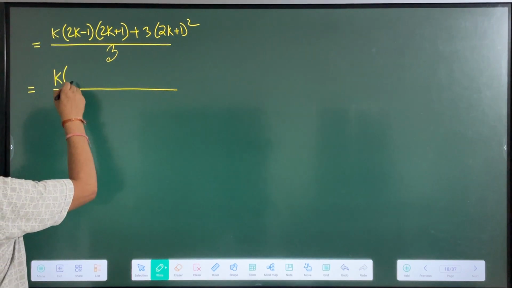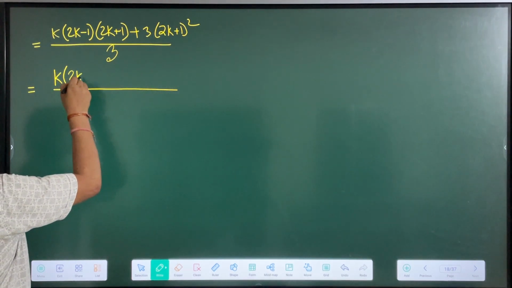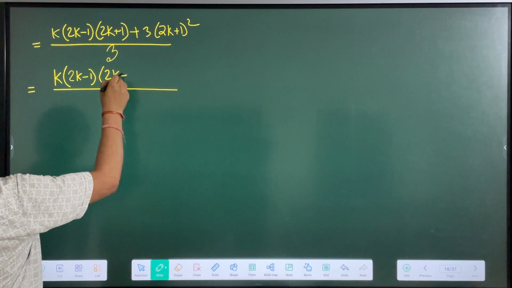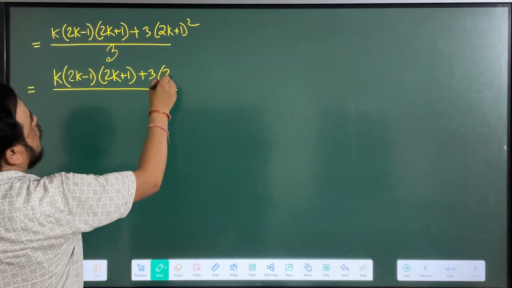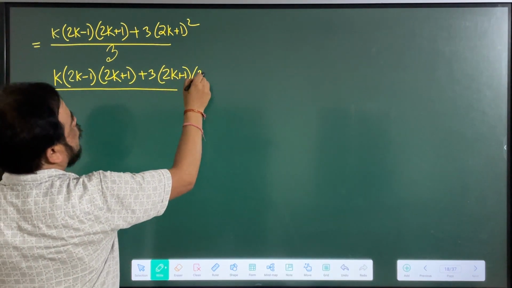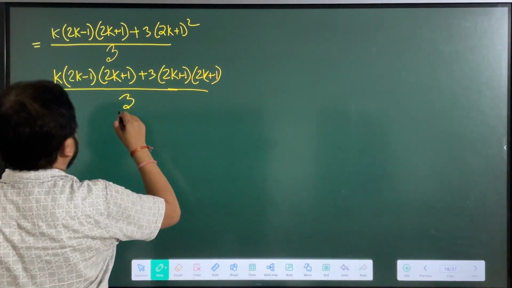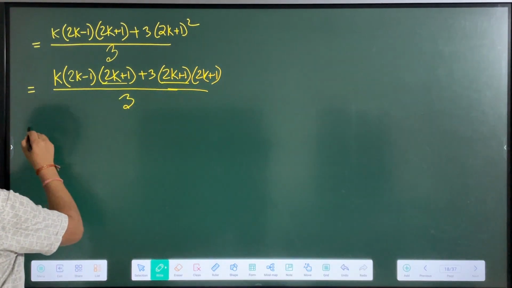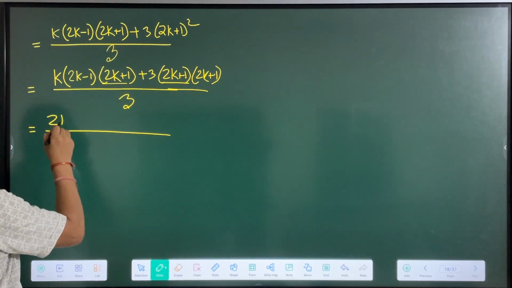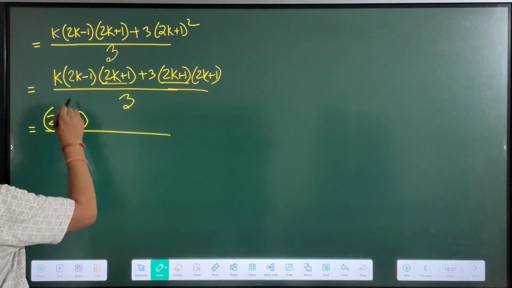Now k into 2k minus 1, 2k plus 1 plus 3, 2k plus 1 into 2k plus 1. 2k plus 1 whole square I have written twice so that we can take common. Now common 2k plus 1. What is left here?